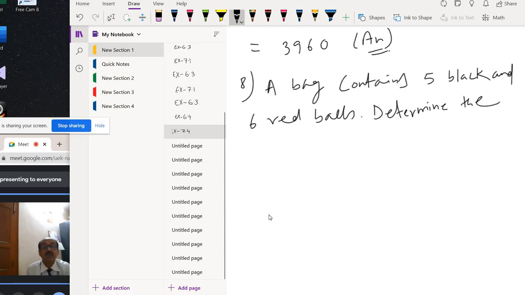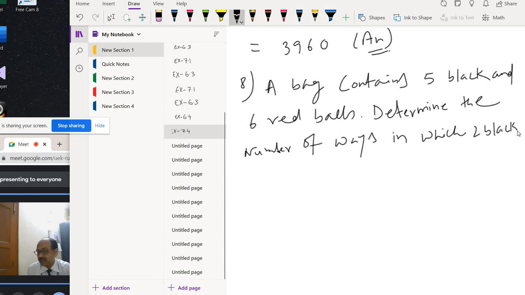Determine the number of ways in which 2 black and 3 red balls can be selected.